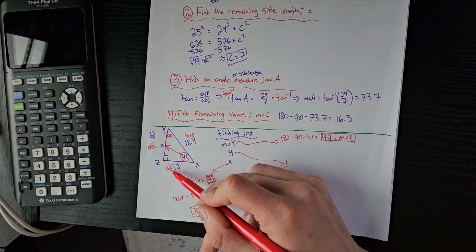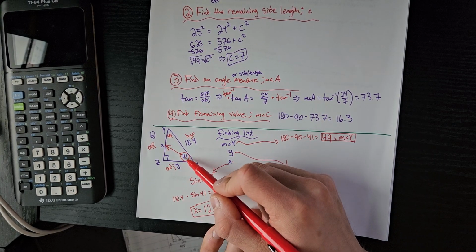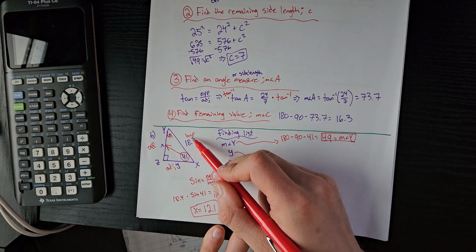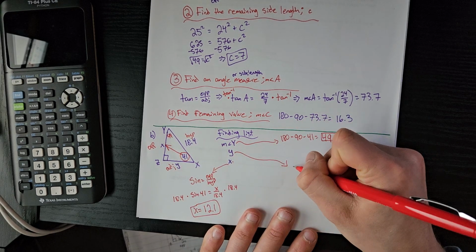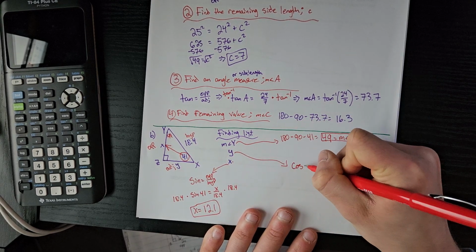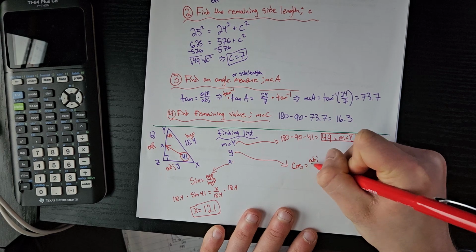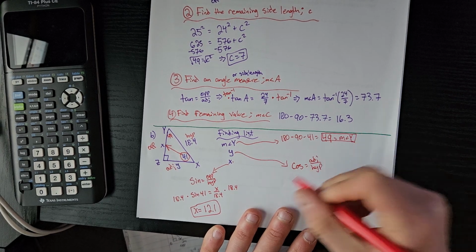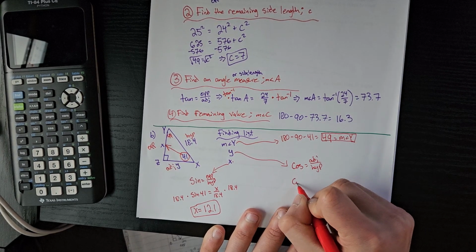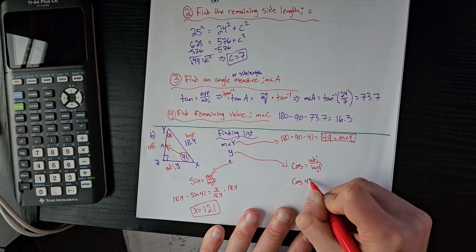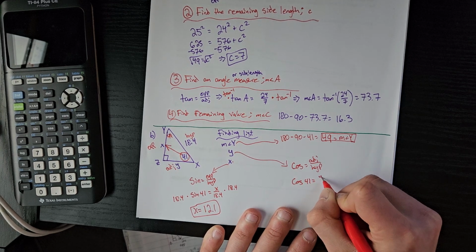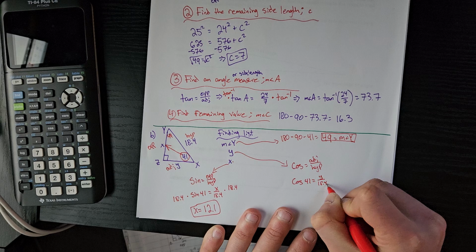Since y is adjacent to the angle 41, and since I have the hypotenuse of 18.4, I'm using cosine. Cosine is adjacent over hypotenuse. So that means I will be doing the cosine of 41. That is equal to y over 18.4.